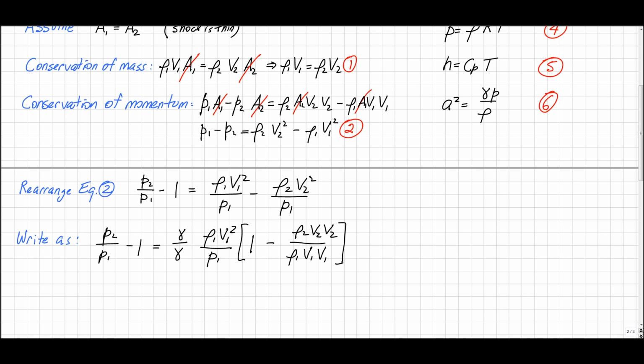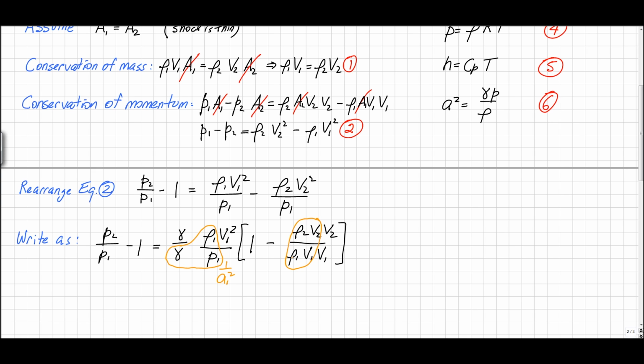Now we're going to try to identify a couple of things in there. Remember that gamma p over rho is the speed of sound squared. We had that in equation 6 up here. In here we've got gamma p over rho on the bottom, so that'll be a 1 over a1 squared. The reason I separated the V2 squareds and the V1 squared is because, from our continuity equation, equation 1, rho 1 V1 is equal to rho 2 V2.